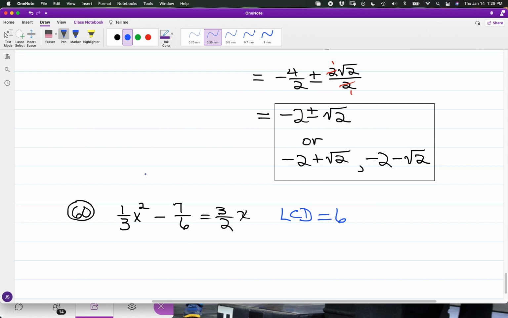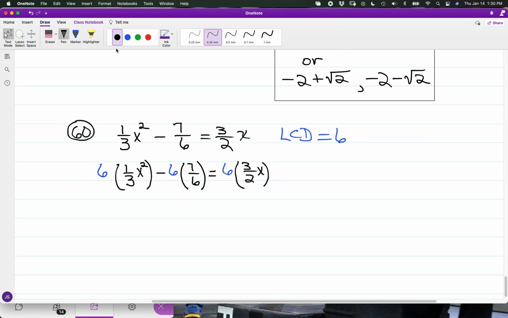So if we multiply the equation by 6, you can look at just the cross multiplication perspective or just the gradual reduction.